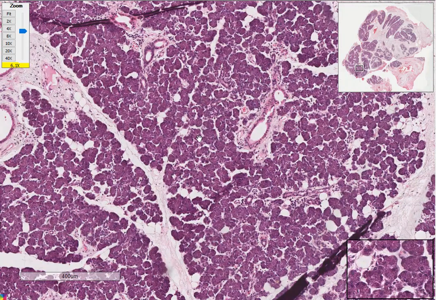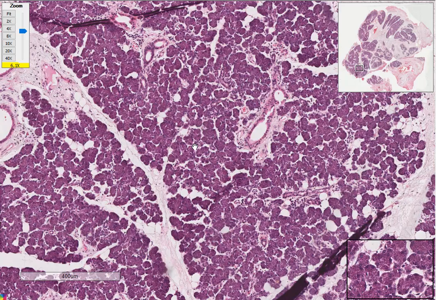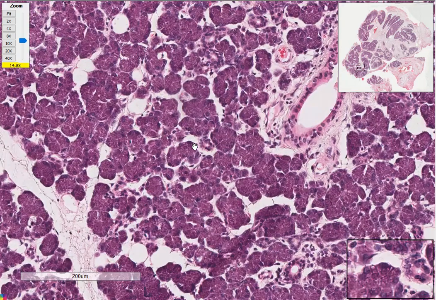you can see each secretory unit in the parotid gland stains quite darkly, dark eosinophilic, almost purple.